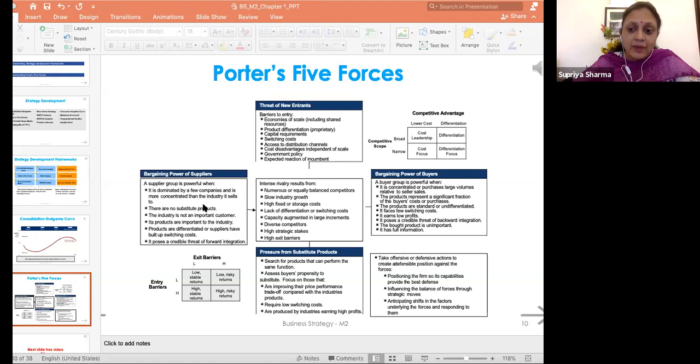It is affected by the number of suppliers of key inputs of a good or service, how unique these inputs are, and how much it would cost a company to switch from one supplier to another. These days there are a lot of suppliers for everything.